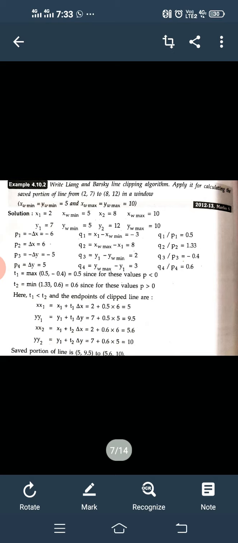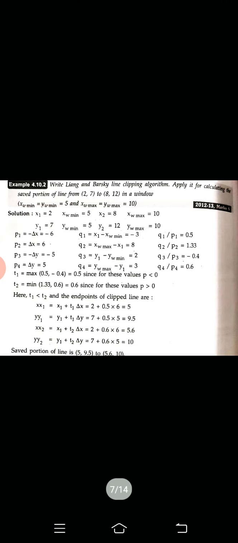Now what is our first step? We have to calculate the values of p1, p2, p3, p4. P1 is minus del x, which means minus (x2 minus x1). The value of x2 is 8, 8 minus the value of x1, 8 minus 2 is equal to 6, but here it is minus del x, so the value minus 6 is written here.